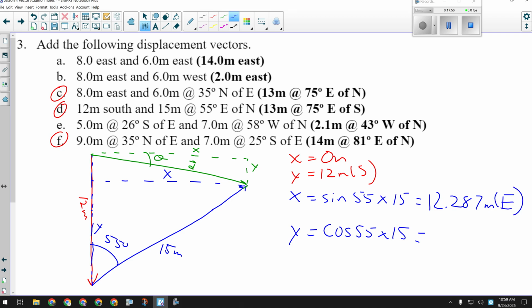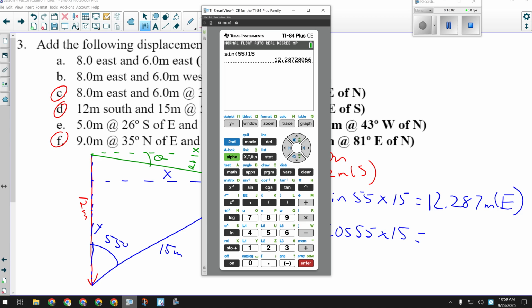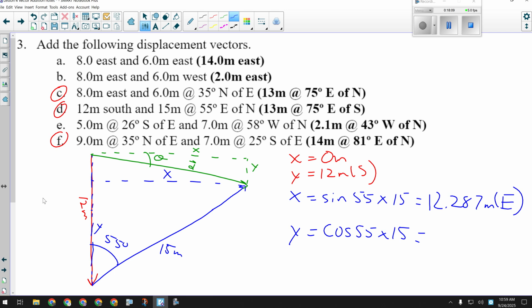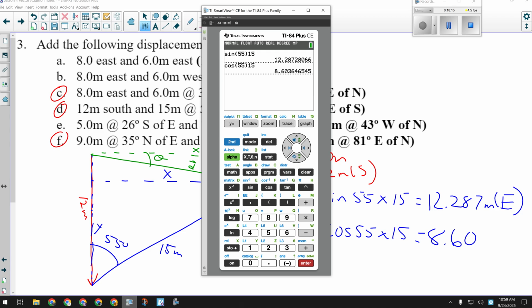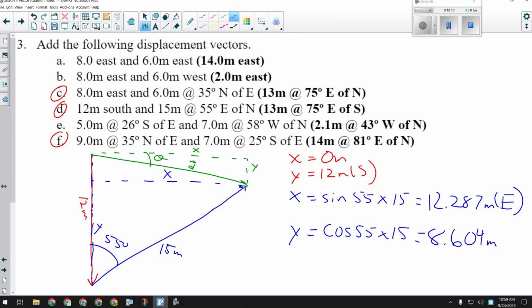Okay, and then for my cos of 55 times 15 meters, I'm getting 8.604 meters, and that one is north.